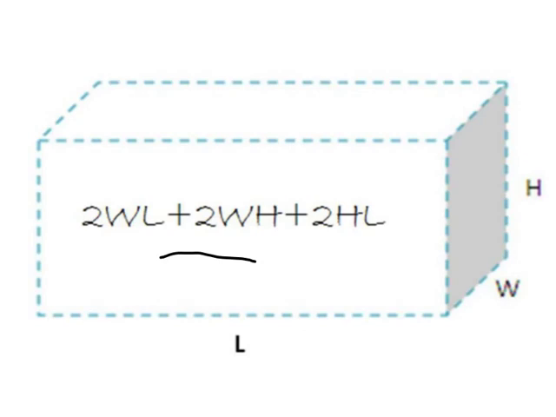And then you've got two ends that are going to be exactly the same, and then a top and a bottom that are going to be exactly the same. So the formula for surface area of a rectangular prism or solid is 2 times the length, 2 times the width, and 2 times the height added together.